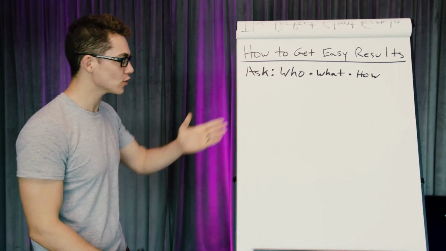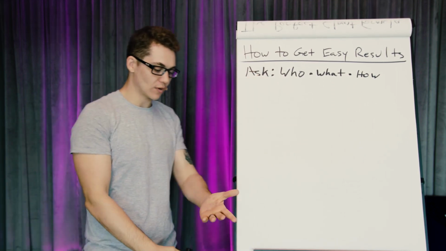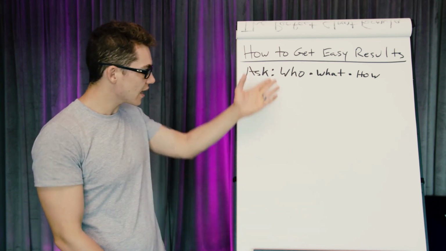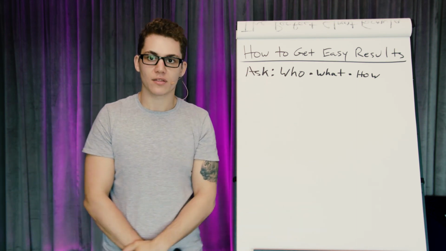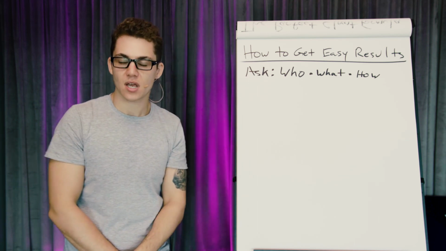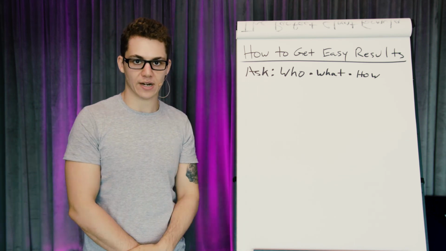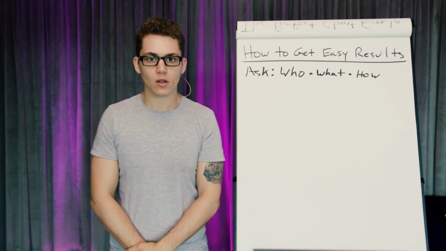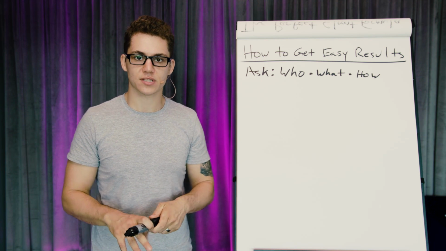So let's break this down. I'll give you an example. Let's say it is a gym owner. We say, okay, Mark, the gym owner, Mark, who is your best salesperson? Who is the person that closes your existing leads right now? Oh, that person is Tom. Okay, so Tom is the person that closes your existing sales right now.